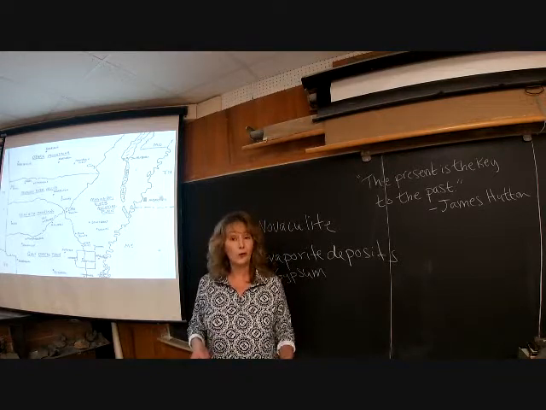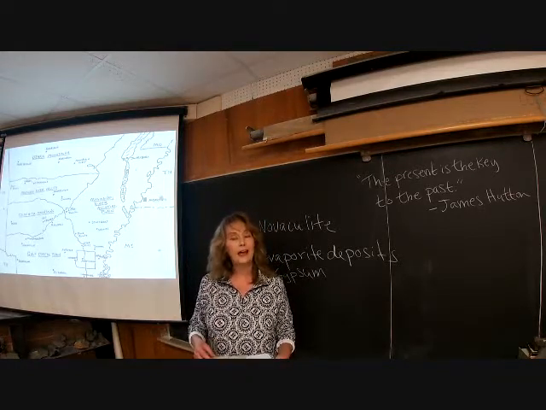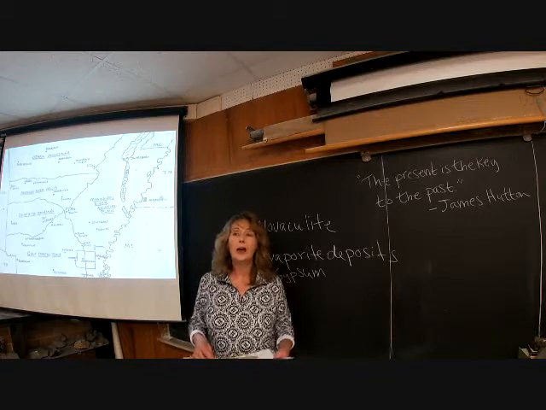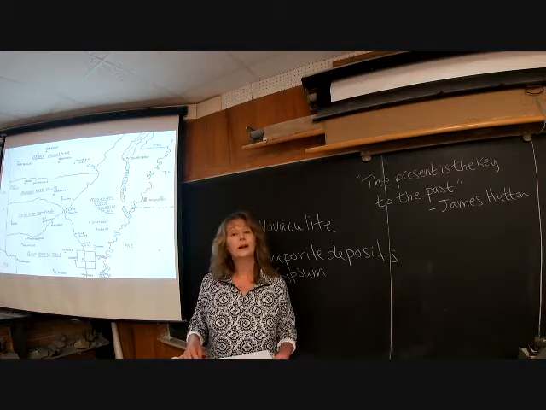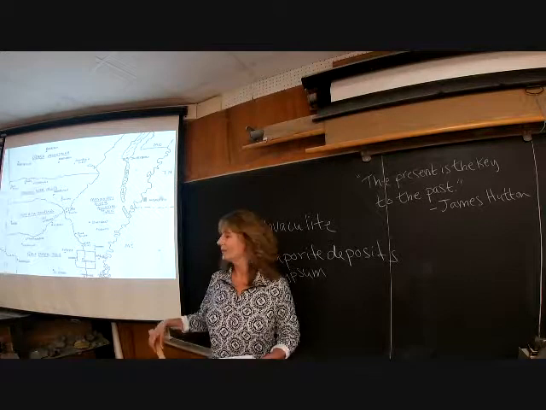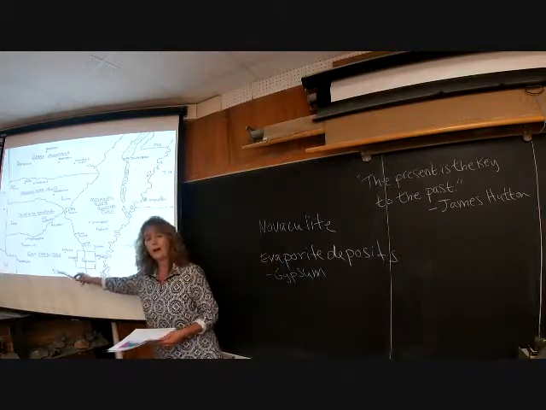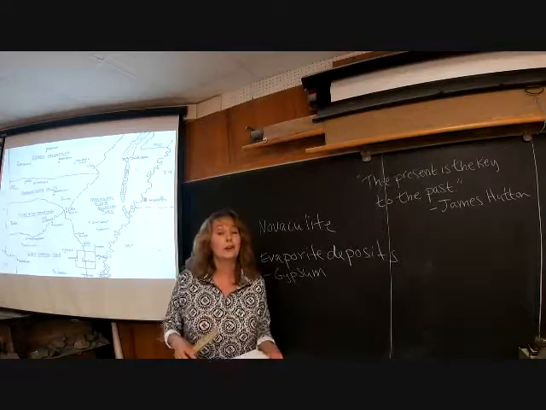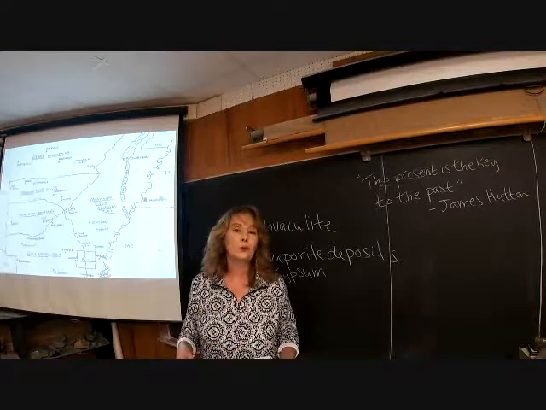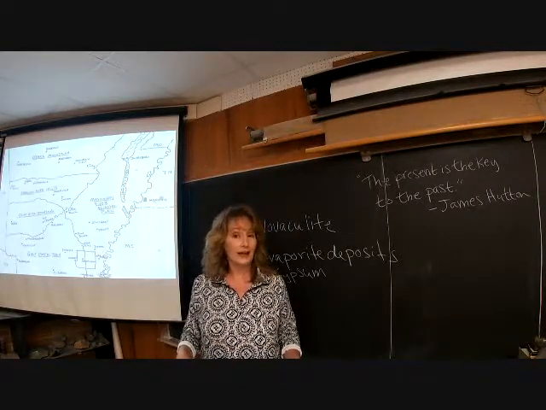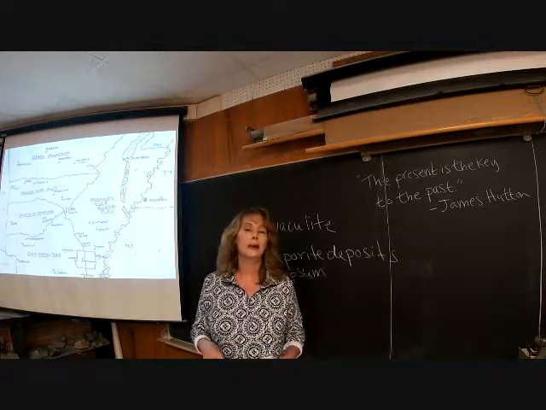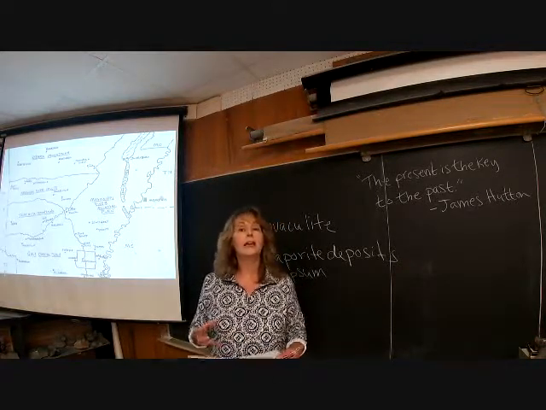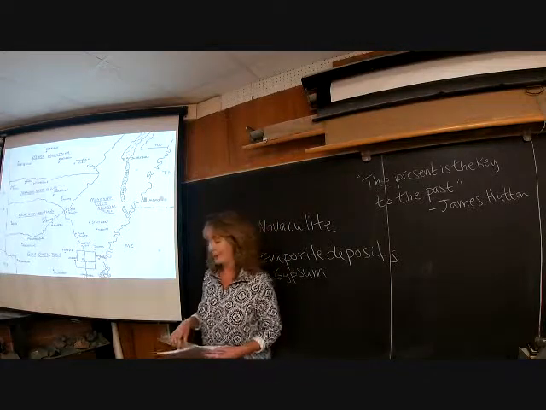But to get coal, you have to have had in the past a swampy, bog-like environment. And so we know that this area in Arkansas's geologic past was a swampy, bog-like environment. The clues that we can get about past environments are in our rock beds.